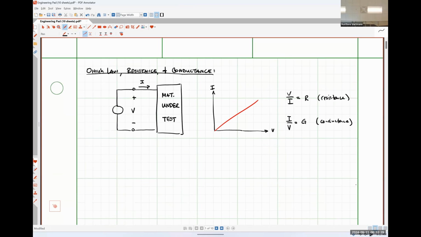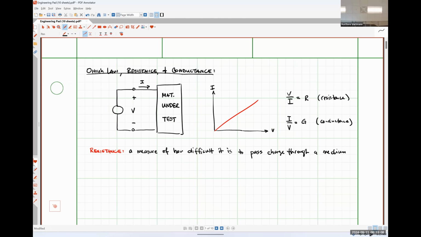So we can think of resistance as a measure of how difficult it is to pass charge through a medium.